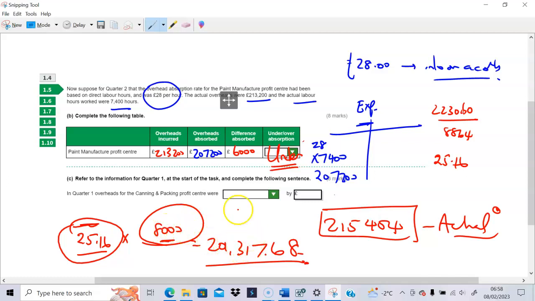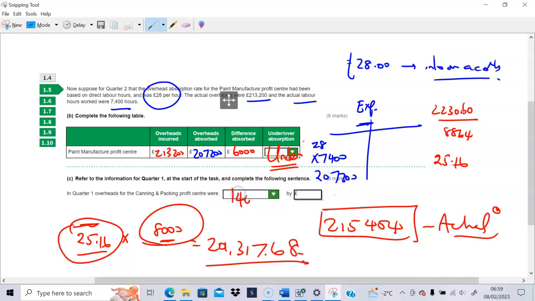We got this, so we now have to find the difference. The difference, of course, is 215,404 minus 201,317, which gives you 14,087.